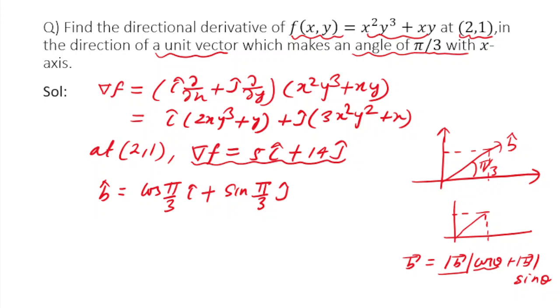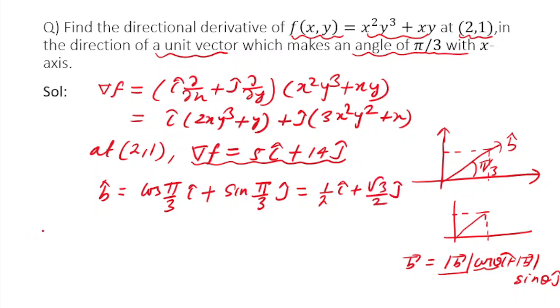So that is just cos theta i cap plus sin theta j cap. So that is what I have written. Because it is making an angle of pi by 3, it is cos pi by 3 i cap plus sin pi by 3 j cap. What is cos pi by 3? Cos pi by 3 is 1 by 2, so 1 by 2 i plus sin pi by 3 is root 3 by 2 j.